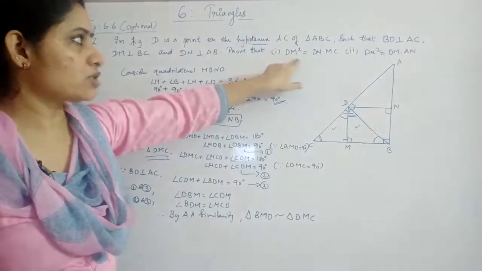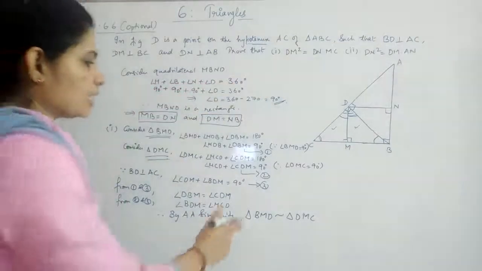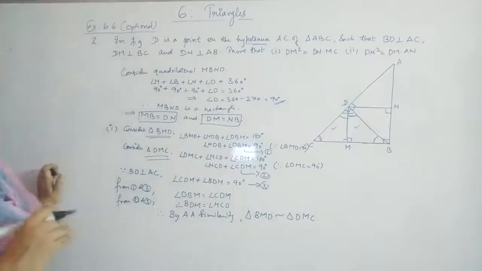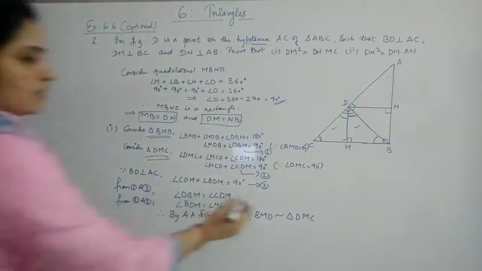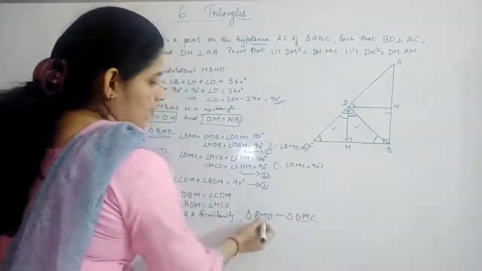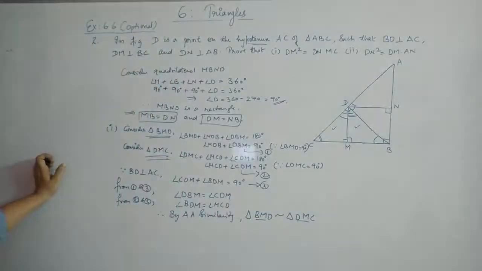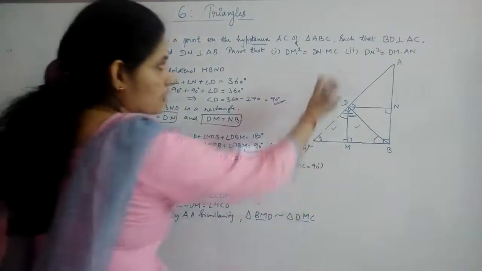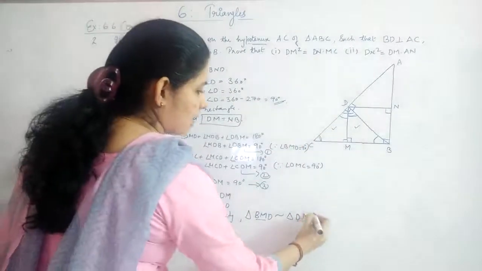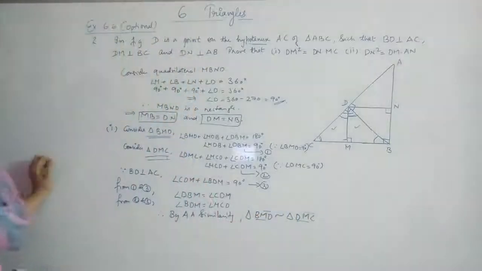You have to get 2 DM. So if I am taking DM, the other thing should be, see here, if I am taking DM, I should take BM. DM by BM is equal to, then if I am taking MC, because you need MC here, it should be divided by MD.